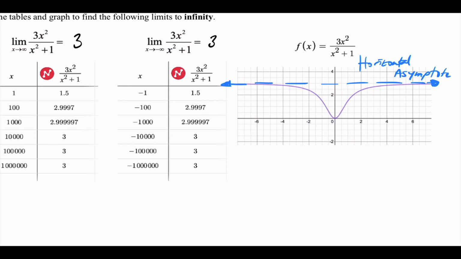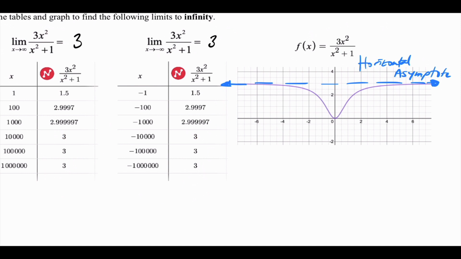It's a horizontal line that the graph will never meet. Even though it says 3 here, these aren't actually 3. They're 2.999999999. That's what we're focused on today.